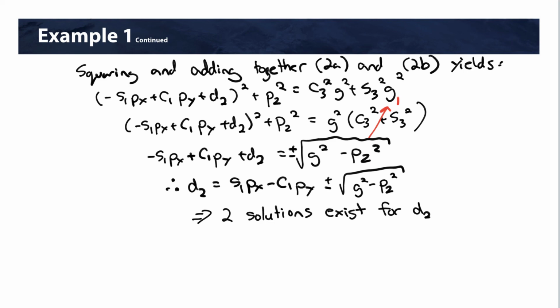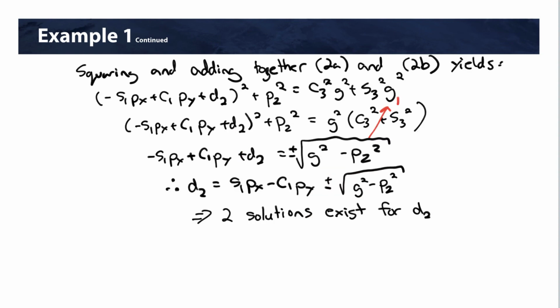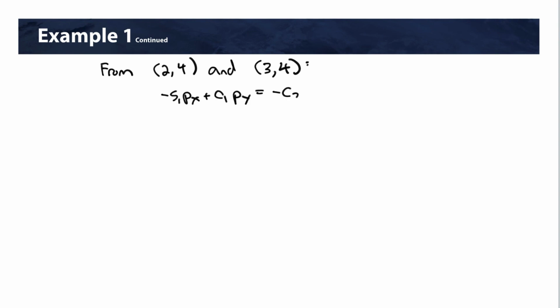All right, so now we need to find theta 3. We can go back to our two equations here, in terms of C3 and S3. So again, from elements 2,4 and 3,4, we had minus S1px plus C1py is equal to minus C3g minus D2, and pz is equal to minus S3g.